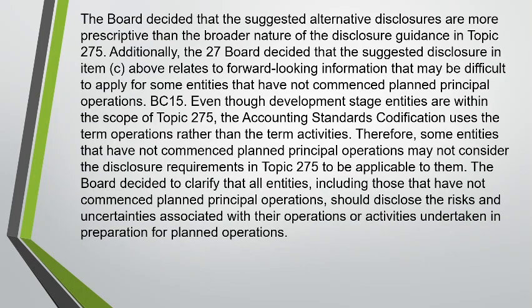So, the board decided that the suggested alternative disclosures are more prescriptive than the broader nature of disclosure guidance in this topic. Additionally, the board decided that the suggested disclosure in item C relates to forward-looking information that may be difficult to apply for some entities that have not commenced planned principal operations.